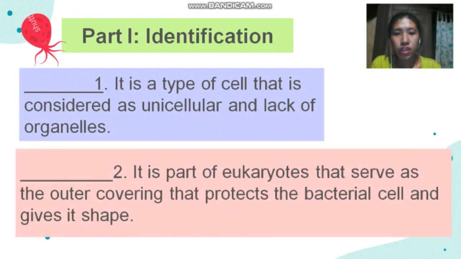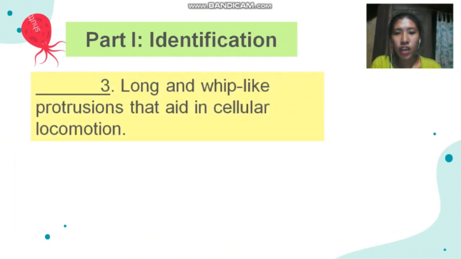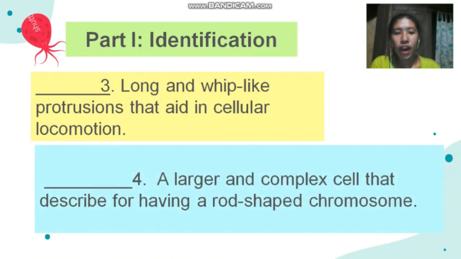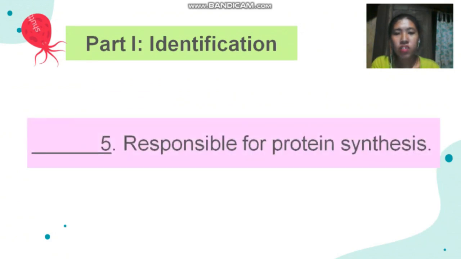Number 2, it is a part of the cell that serves as the outer covering that protects the bacterial cell and gives it shape. Number 3, long and whip-like protrusion that aids in cellular locomotion. Number 4, a larger and complex cell that is described as having a rod-shaped chromosome. And lastly, for part 1, responsible for protein synthesis.